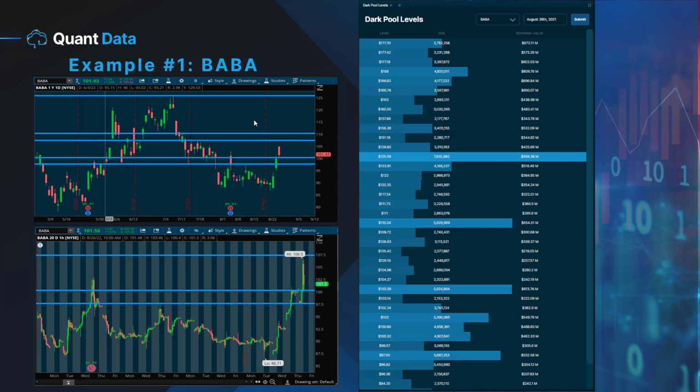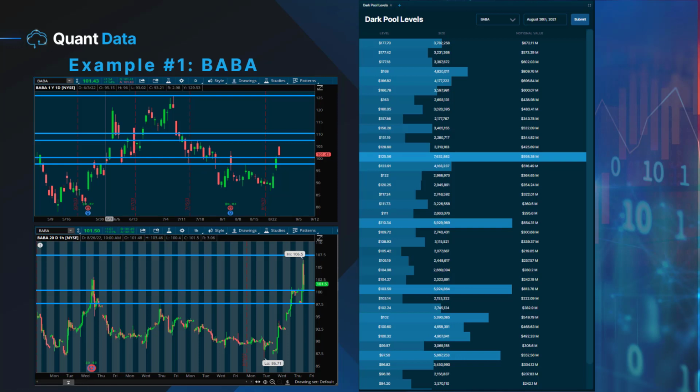I charted the top 5 dark pool levels from the Quant Data platform onto the chart. You see the 1, 2, 3, 4, 5 top levels there. The second chart image is the same exact chart with the same levels charted on it. The only difference is this chart is a bit zoomed in, looking at the 20-day, 1 hour time frame.